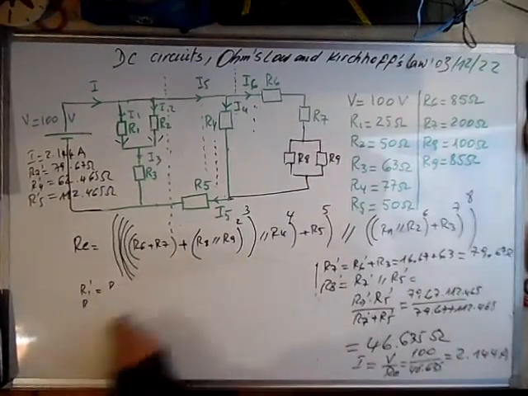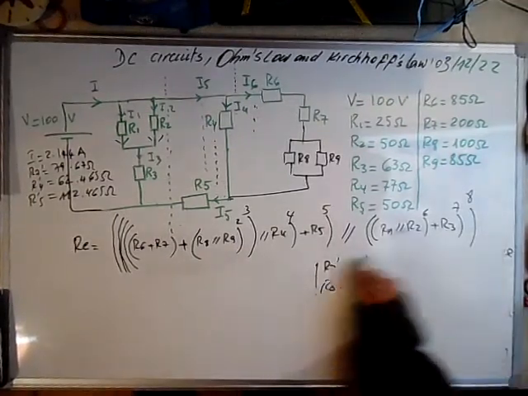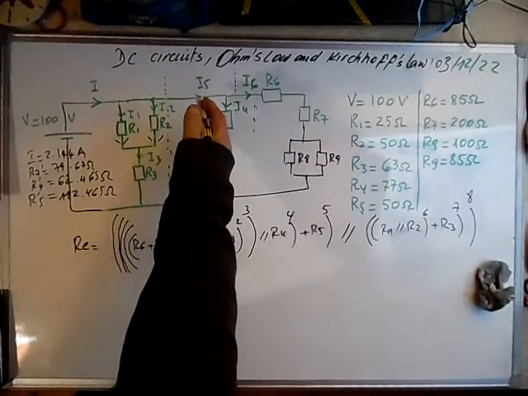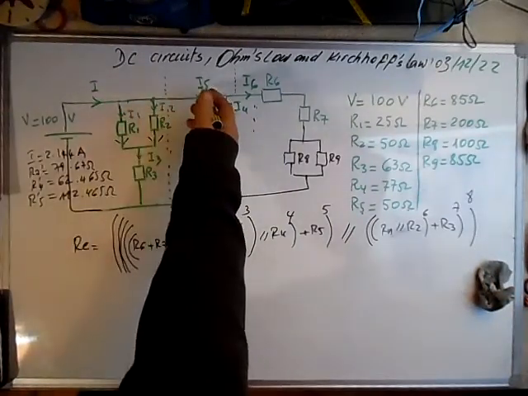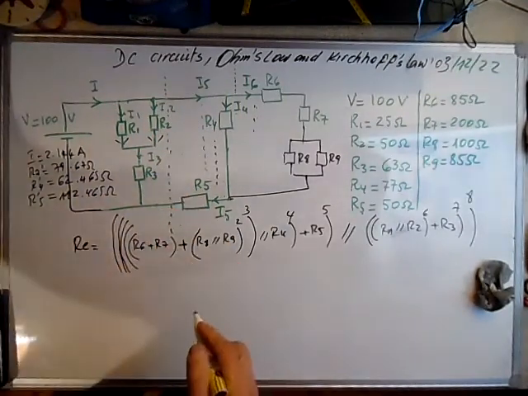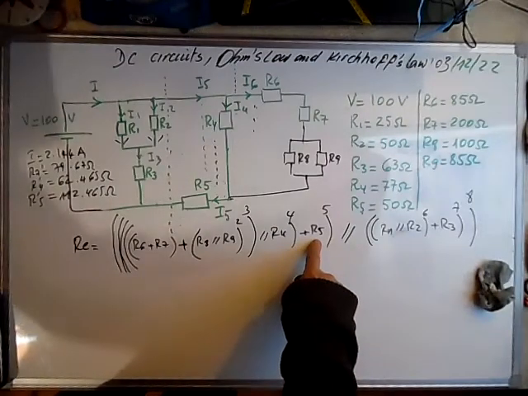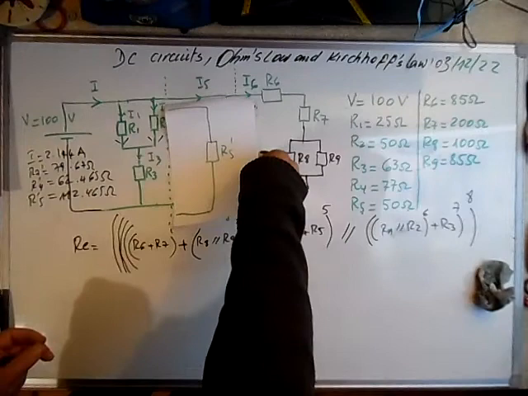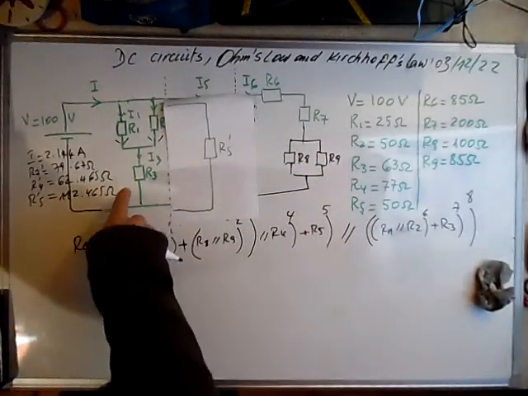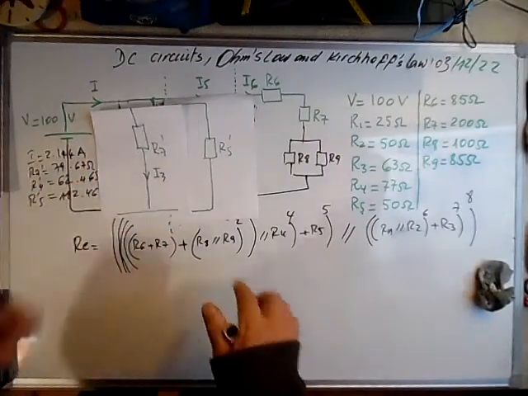Now let's calculate the other currents in all the branches. Knowing the main current, I can calculate I5 and I3. What we need here is R5 prime, the equivalent resistance of this and the equivalent resistance of this, to calculate I3 and I5.